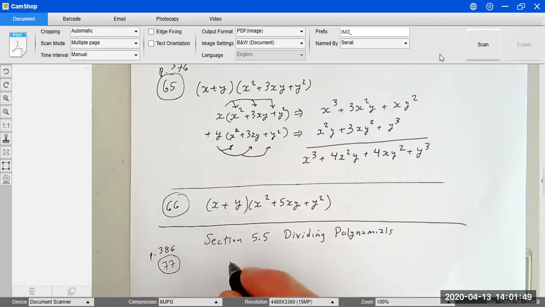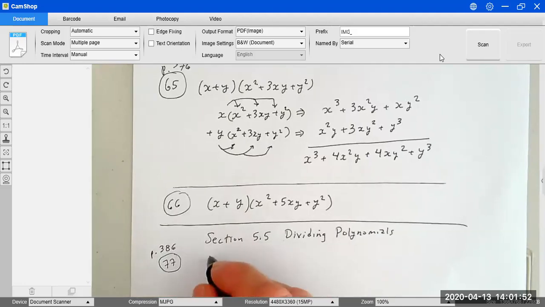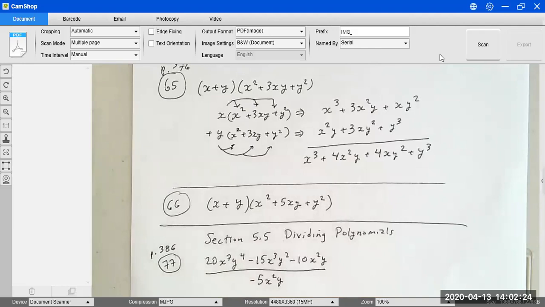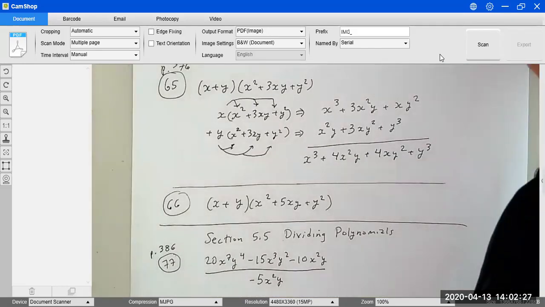And the problem is just 20x to the 7 y to the 4 minus 15x cubed y squared minus 10x squared y. And everything is divided by a monomial. So this trinomial is divided by the monomial minus 5x squared y. So how do we solve this division?